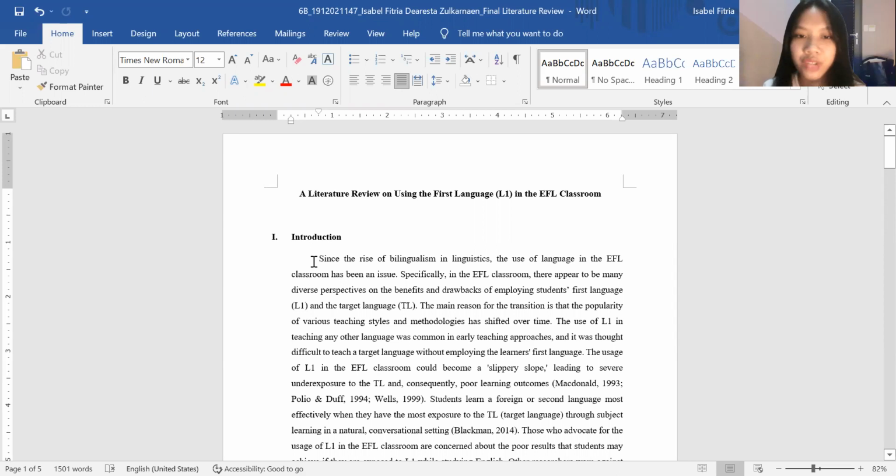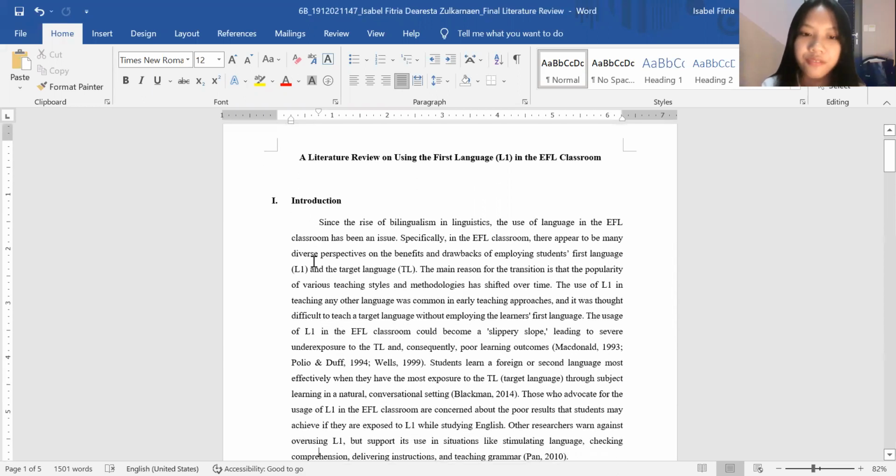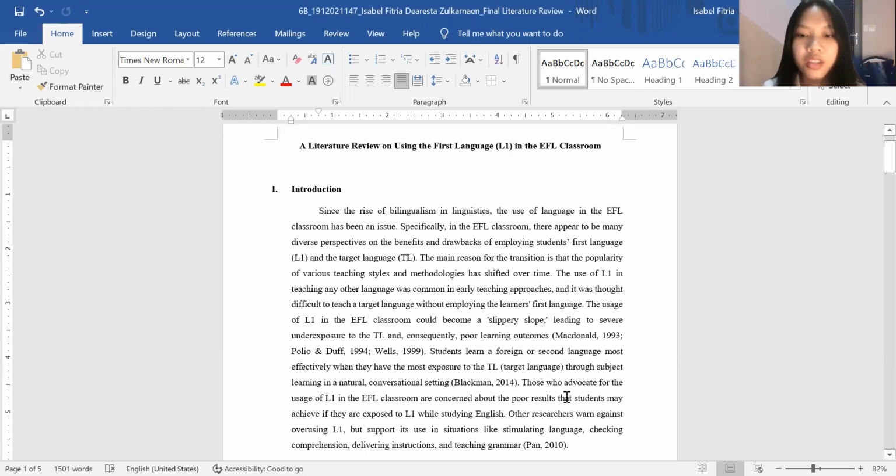So this is my introduction. In the first paragraph, I actually do not really emphasize the use of L1 in the EFL classroom, but I write both TL and L1, the use of L1 and TL in the classroom.